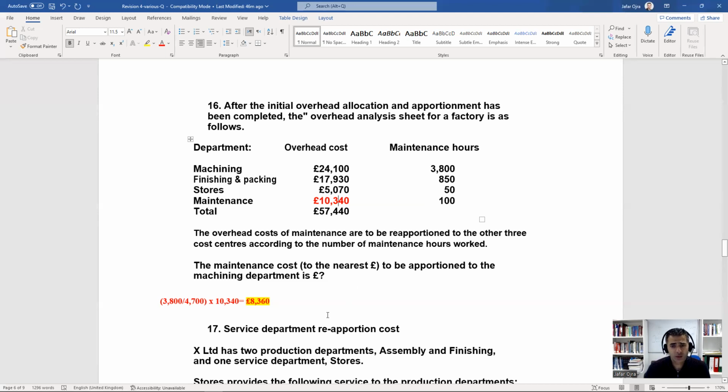If the question asks for the total overhead cost, including the original one, then you need to add up the 24,100 plus the 8,360. So reading the question carefully is really important, to understand the requirement of the question.